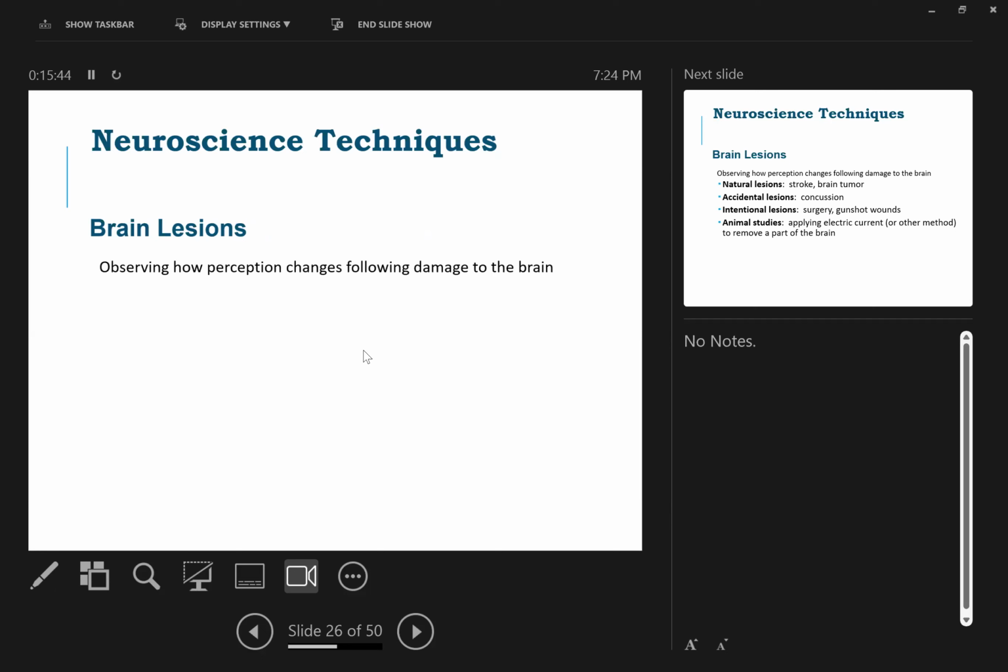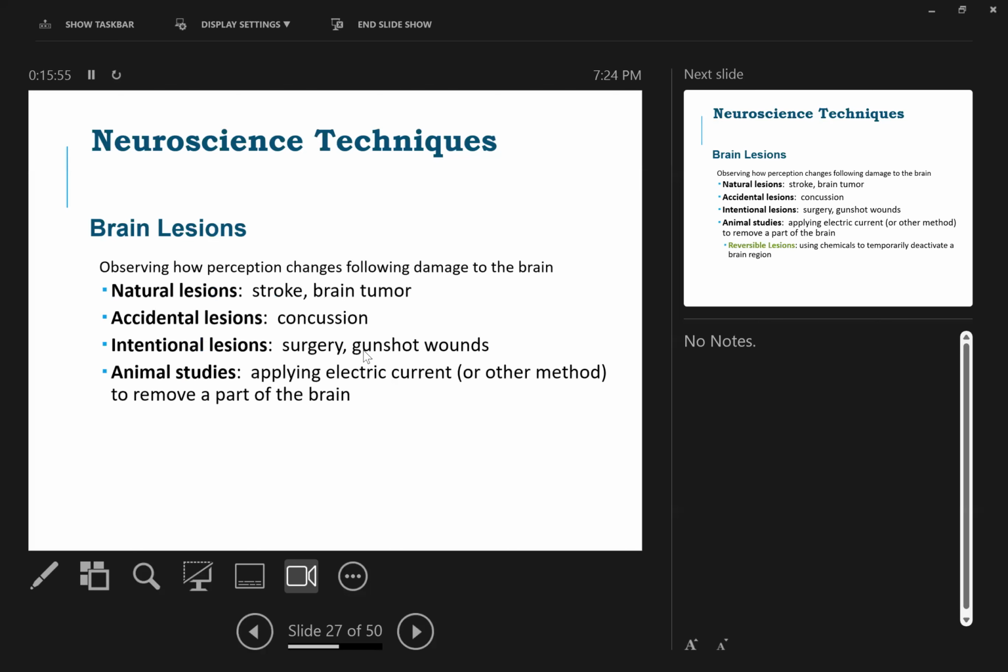Another neuroscience technique, the oldest of them all, was basically brain lesion, right? A lot of the time it happened naturally. It was people having a stroke or a tumor somewhere. Sometimes it was accidents, people having a concussion, or there is a famous example of someone with a metal bar going through their head and damaging their prefrontal cortex.